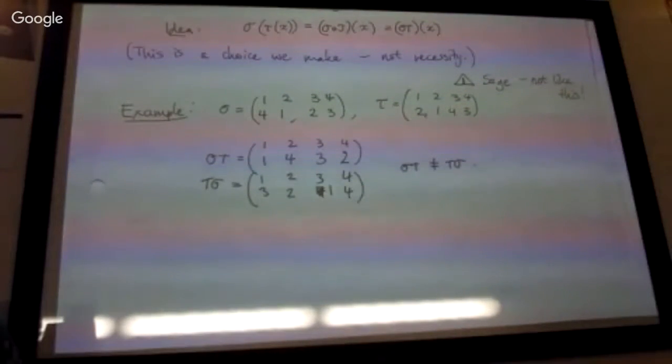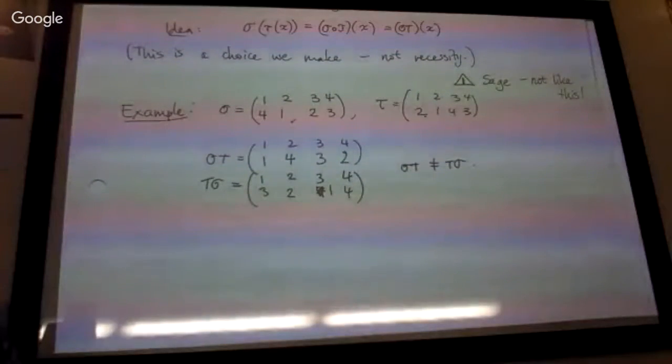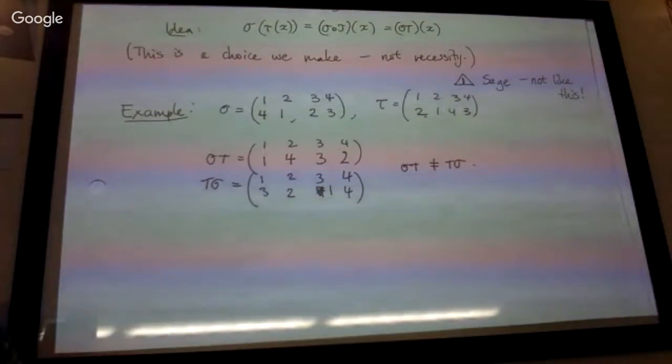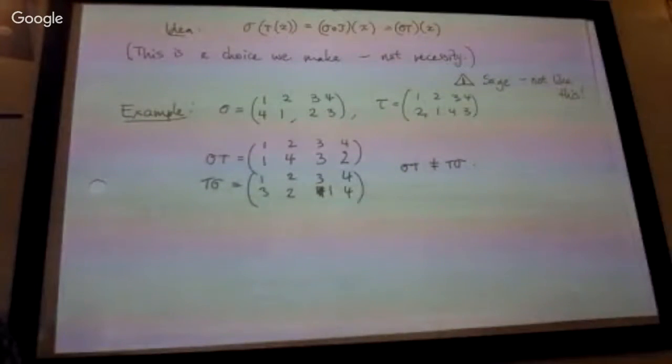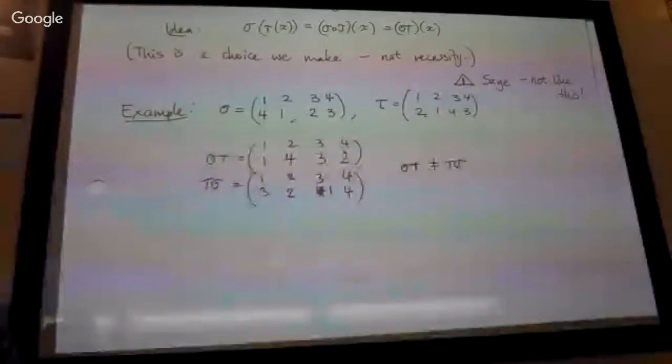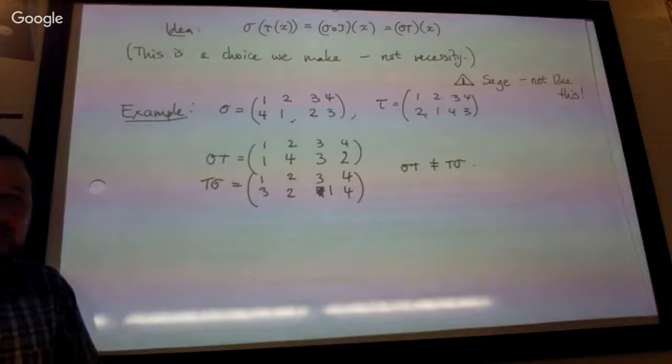When is it abelian? When n is 1 or 2, I think. I think when n is 3, it's already not. Okay, just some simple cases are abelian.